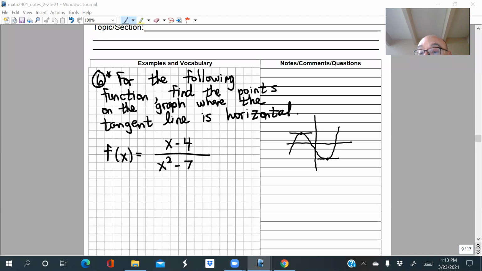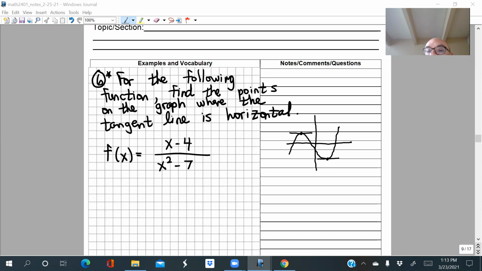But we have to be able to find the what? What function do we have to be able to find the places where the tangent line is horizontal? Begins with a D. Derivative. Yeah, we have to be able to find the derivative.